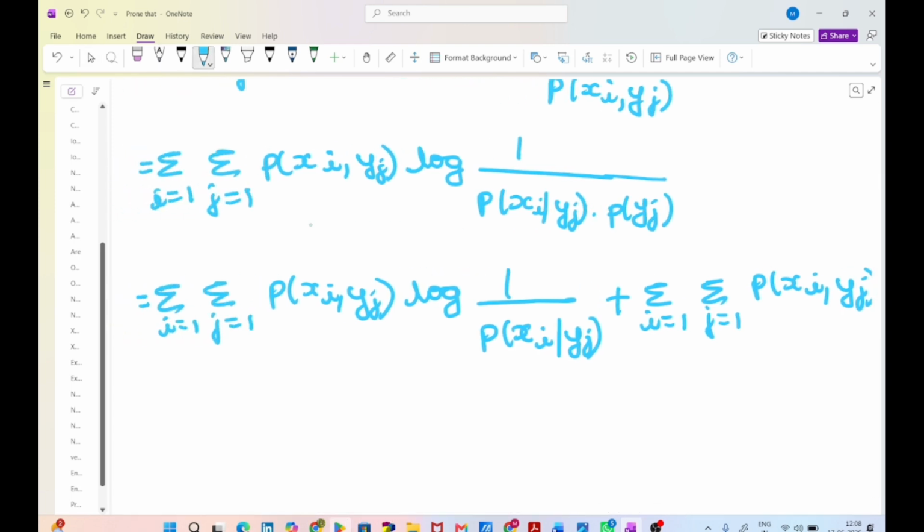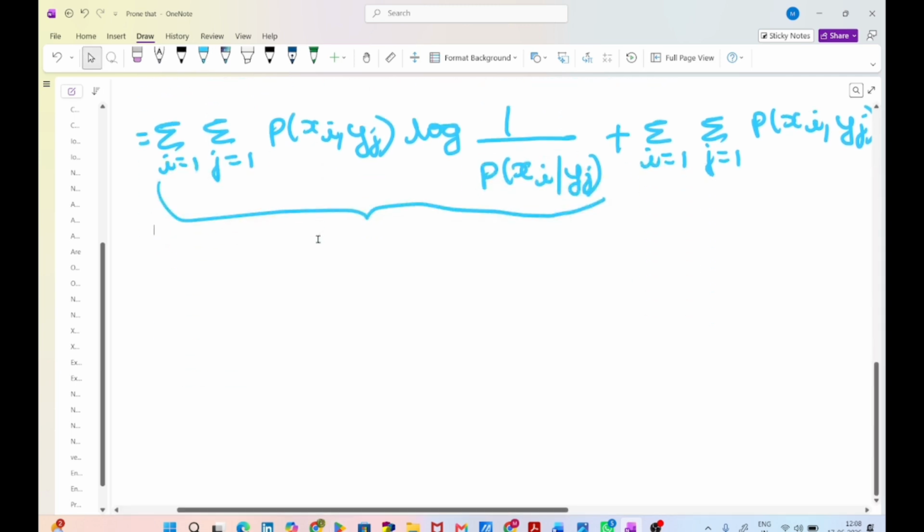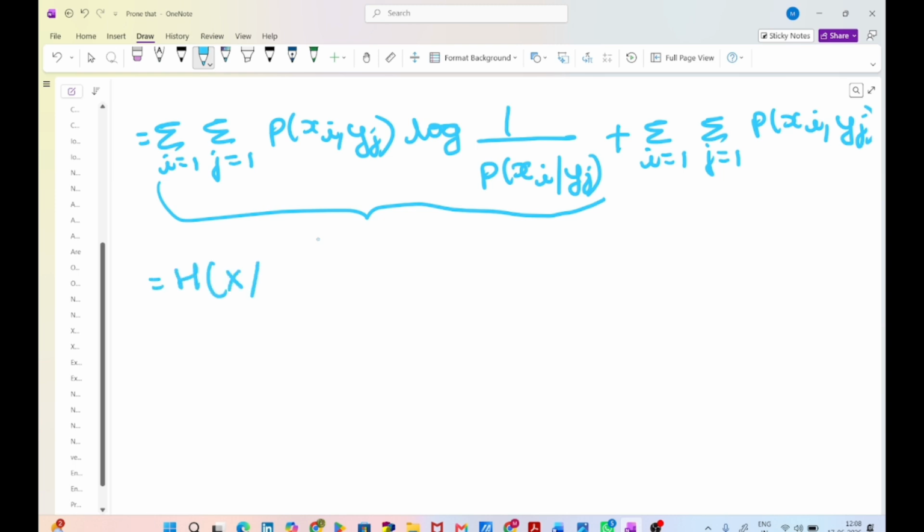We know that till here we can write it as H(X|Y). That is the equation of H(X|Y).